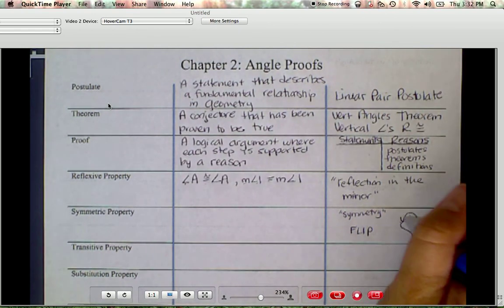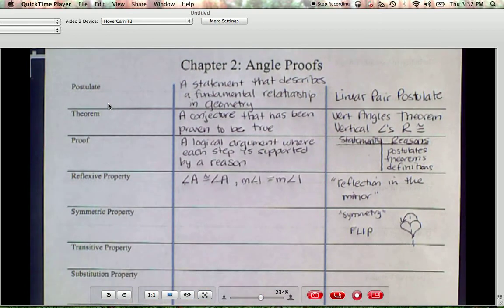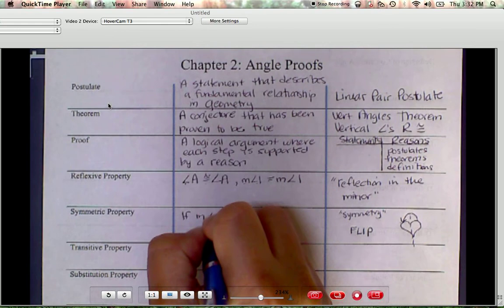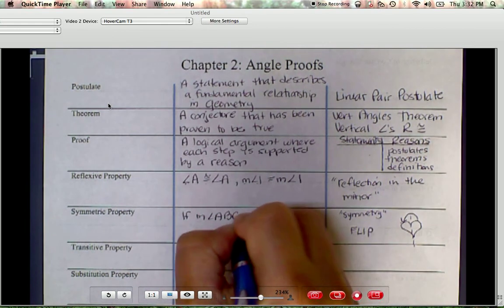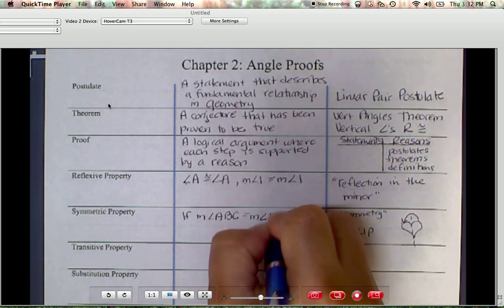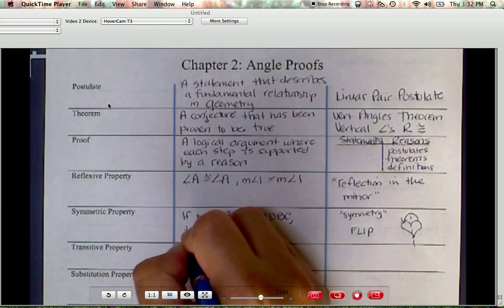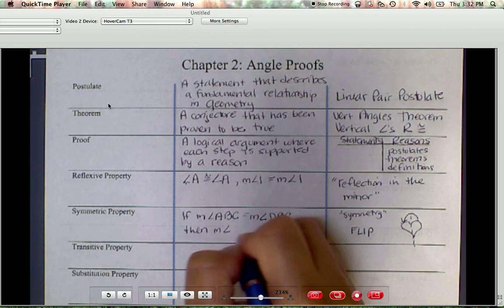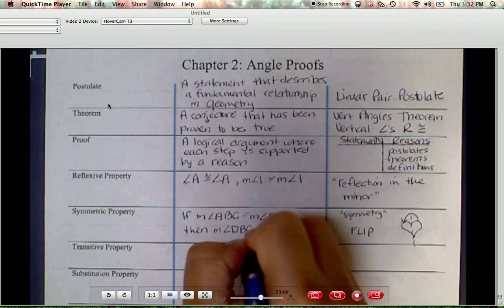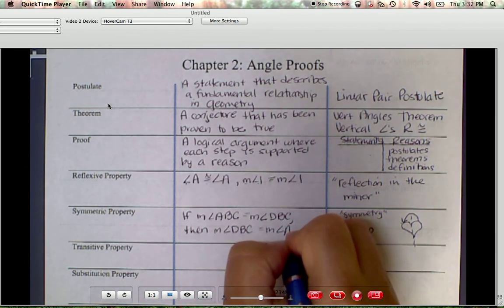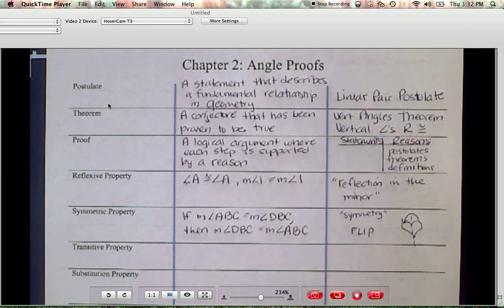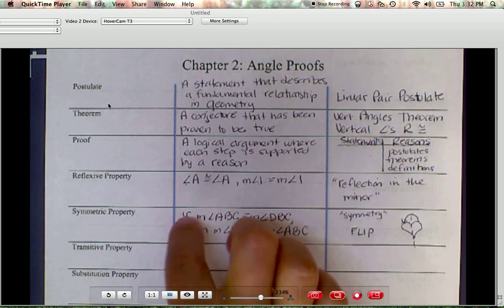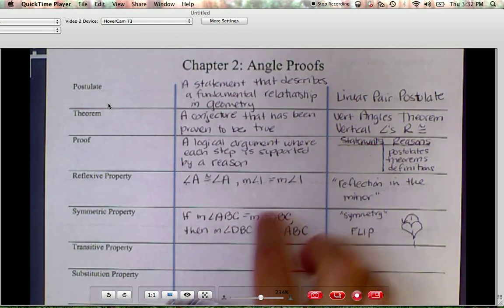Okay, so if we think about that in the symmetric property, then it would say if the measure of angle ABC is equal to the measure of angle DBC, then flip this over. The measure of angle DBC is equal to the measure of angle ABC. So all you are doing is flipping the left side with the right side. This is the hypothesis, which we'll get to.